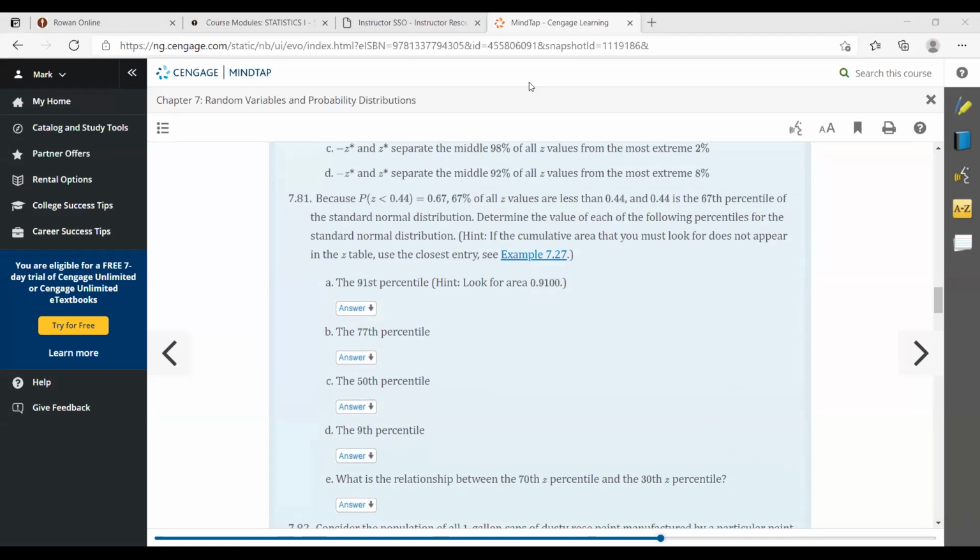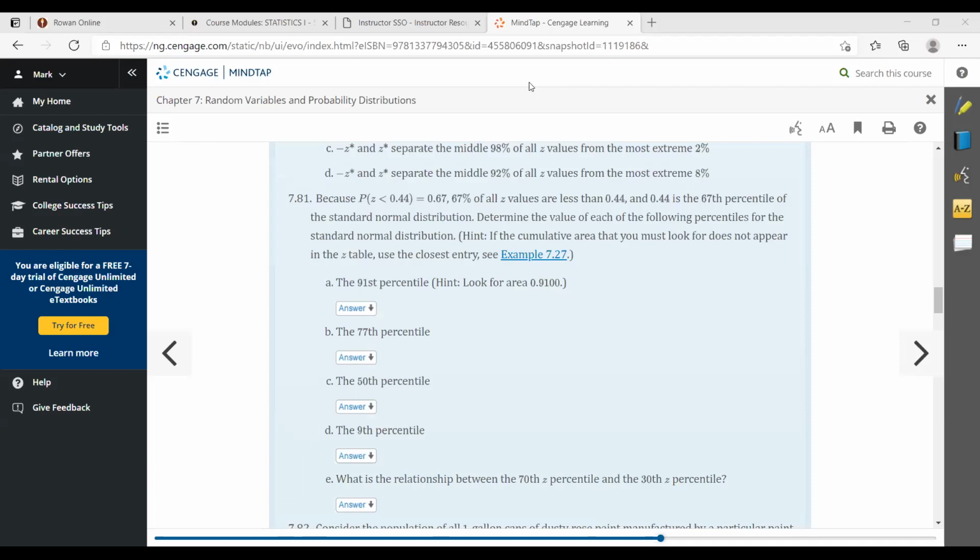So for example, in the previous question, when we found negative 1.75 and said the area to the left is 0.04, we convert that 0.04 to a percentage, it's 4%. That negative 1.75 is the 4th percentile, because the 4 represents what? The percentage of the distribution that's less than that value.